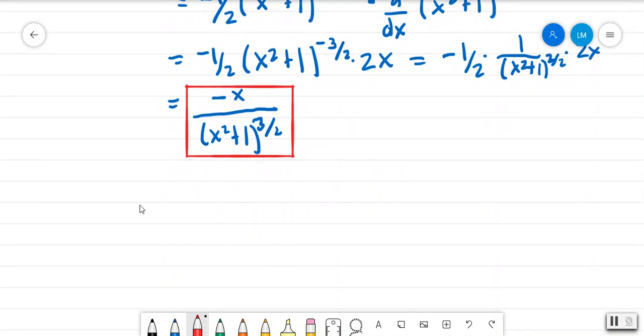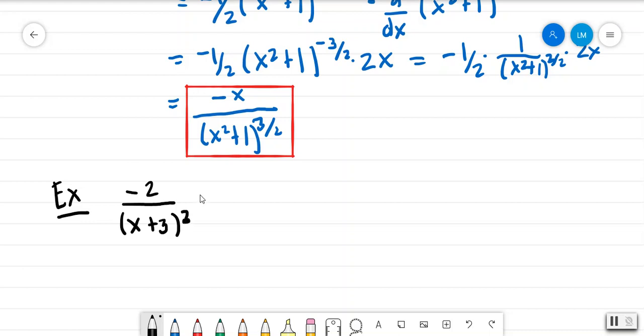How about we look at an example that is somewhat similar. If we have negative 2 divided by x plus 3, all to the third power, and let's say this is y equals, and we want to find dy/dx, well, this is more or less the exact same thing.